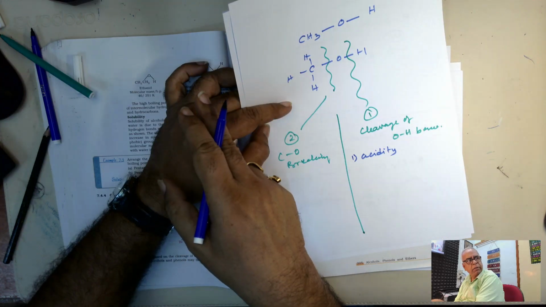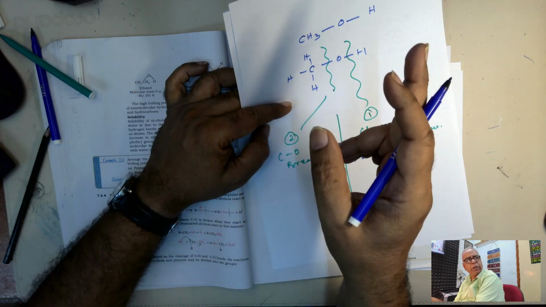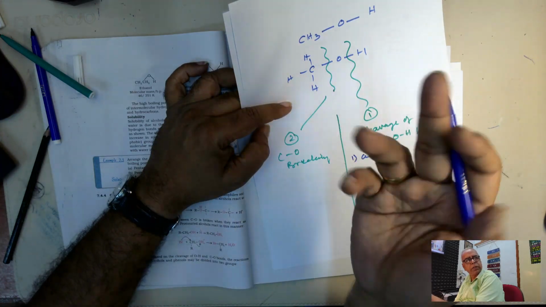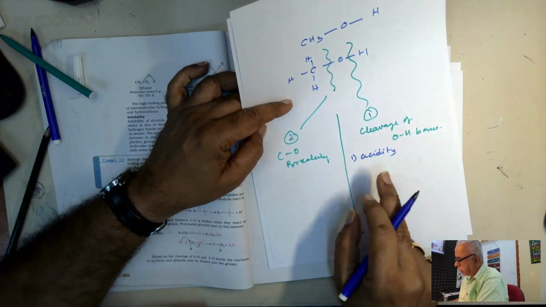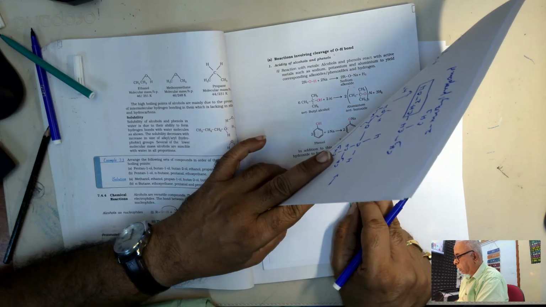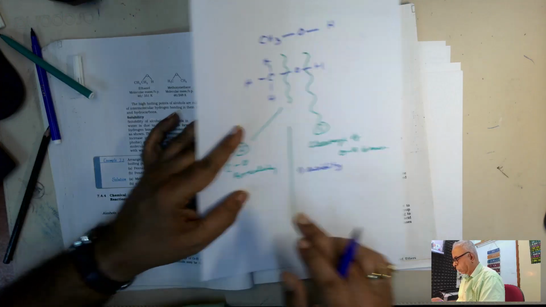We already saw that the proton is released. Acidic nature is nothing but the nature of releasing H plus. So let us talk about the acidic nature of alcohol. Are you able to follow? So, acidity of alcohols. You have to say acidic nature of alcohol. This is the first point.